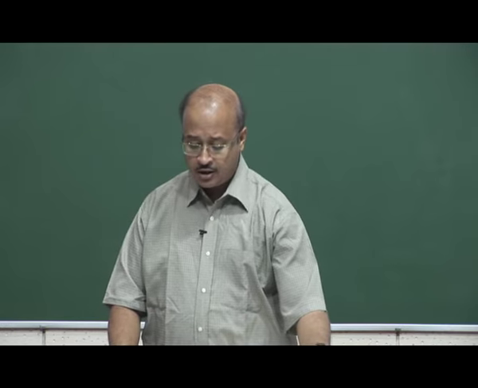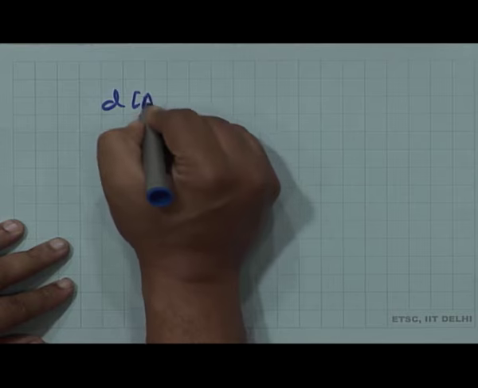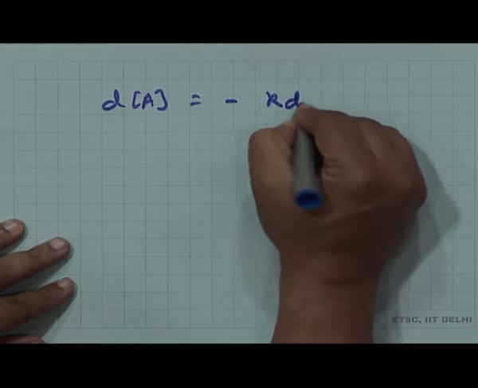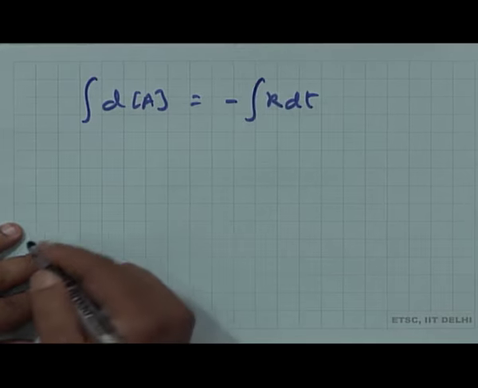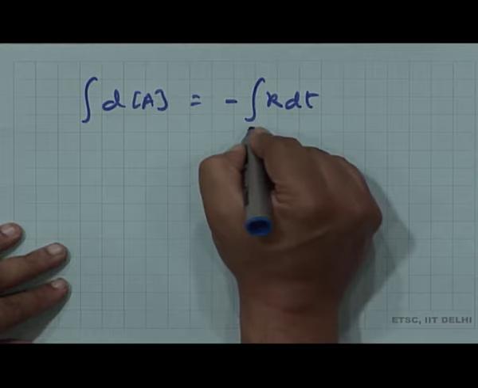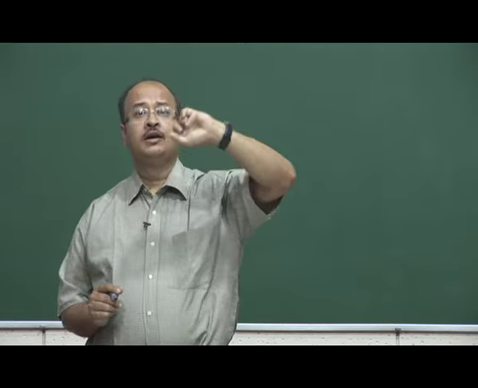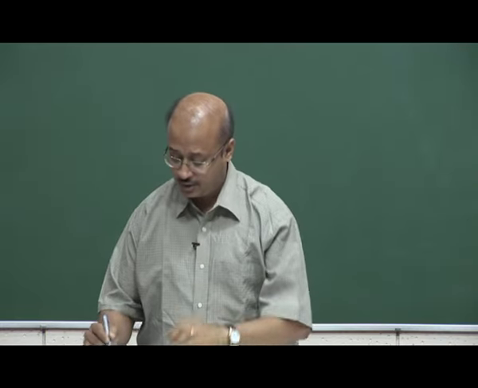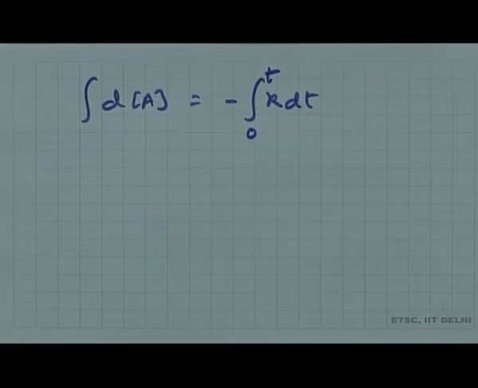So, which means the integral of dA is equal to minus K times the integral of dt, and what do we integrate it between? We integrate between t is equal to 0, that means the initial time, the reaction is not yet started or just about to start, to t is equal to t. So, this is my interval.